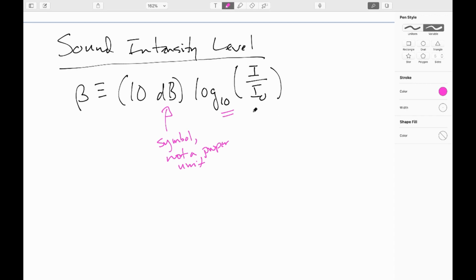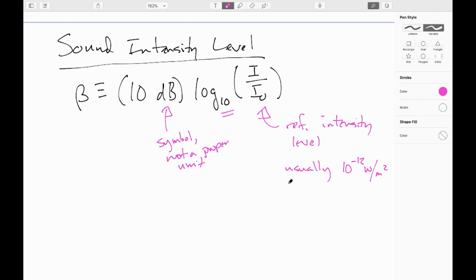That will throw you off. Now this reference intensity level is usually, and this is what's referenced in noise ordinances and stuff like that, 10 to the negative 12 watts per square meter, which is the threshold of human hearing.